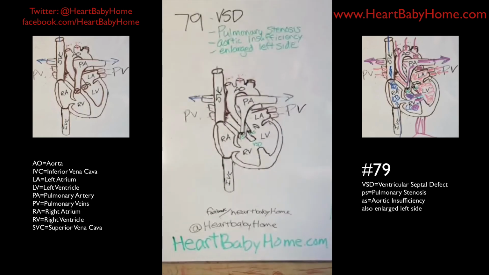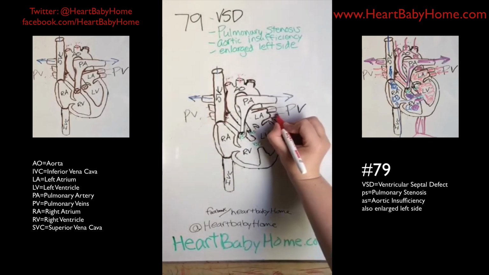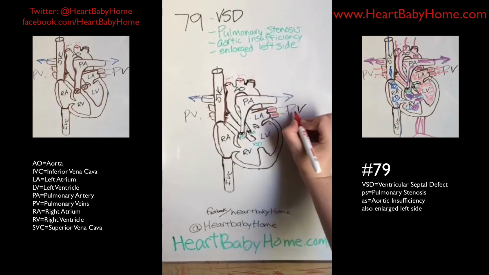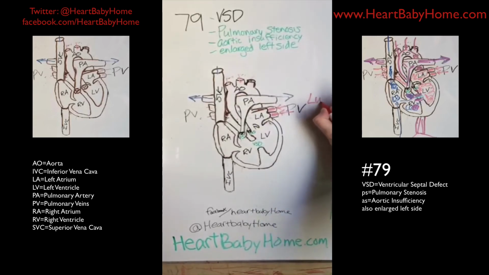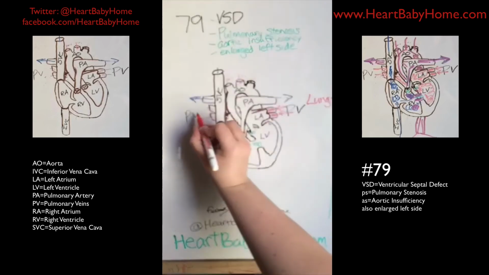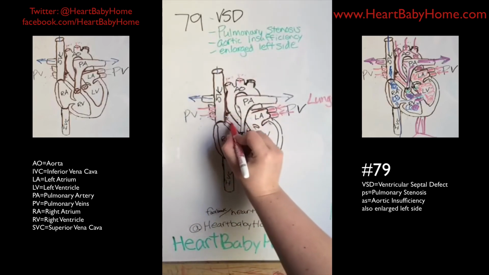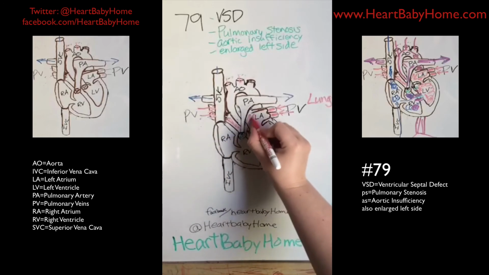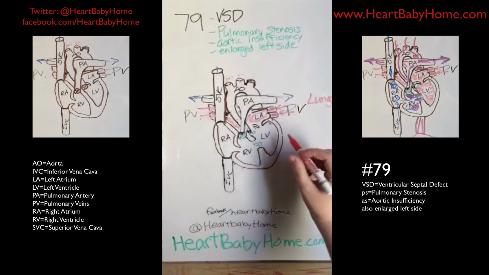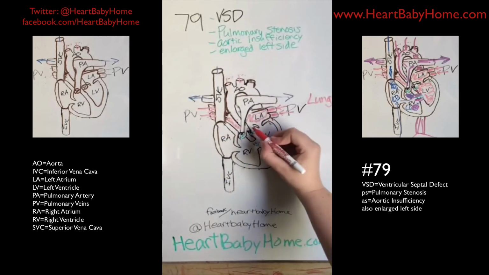Okay, now I'm just going to do blood flow really fast. So this is where blood comes in from the lungs. Here's our lungs. And this is on both sides. So this is where it goes in, and it's all oxygen-rich blood, which is good.